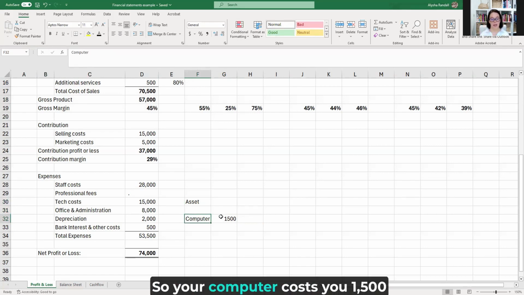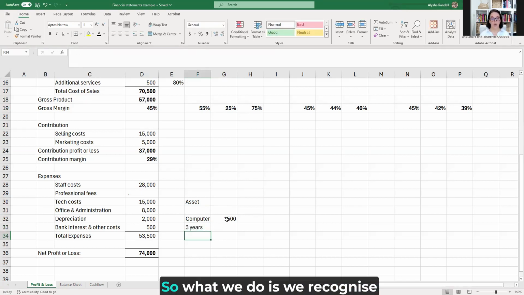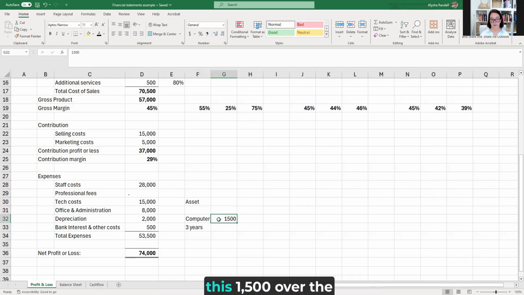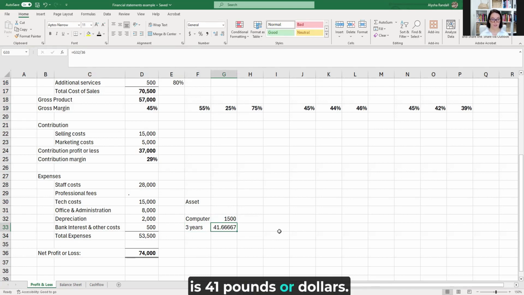So your computer costs you $1,500, and generally we say that this computer will last 3 years, and then you're going to have to buy a new one. So what we do is we recognize this cost, this $1,500, over the full 3 years. So we drip feed it out over 3 years. So 3 years is 36 months. So we say 1,500 divided by 36 is 41 pounds or dollars.